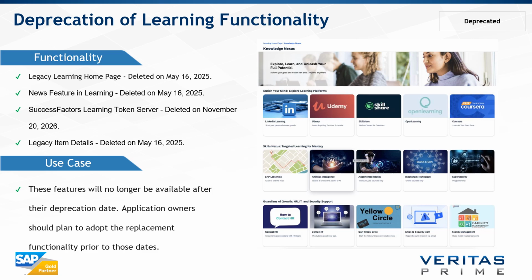It is recommended to start using the SAP SuccessFactors Platform OAuth Token Server for LMS API Token Server authentication. These features will no longer be available after the deletion date. Application owners should plan to adopt the replacement functionality prior to these dates.